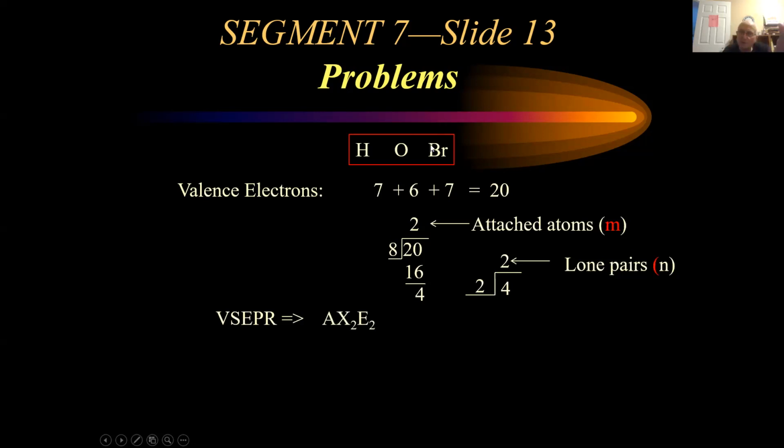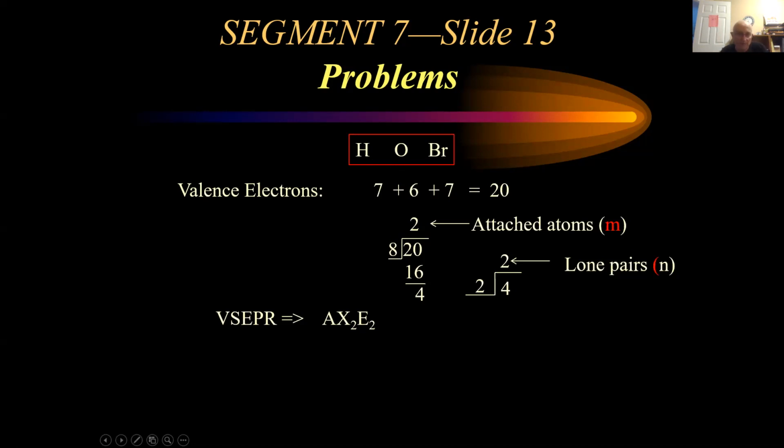Now, that's true for this molecule here. But the beauty of this is the VSEPR general notation for any molecule or ion that has 20 valence electrons. So this really organizes a tremendous amount of information. This general formula down here, AX2E2, is the same for all of them, not just HOBr.